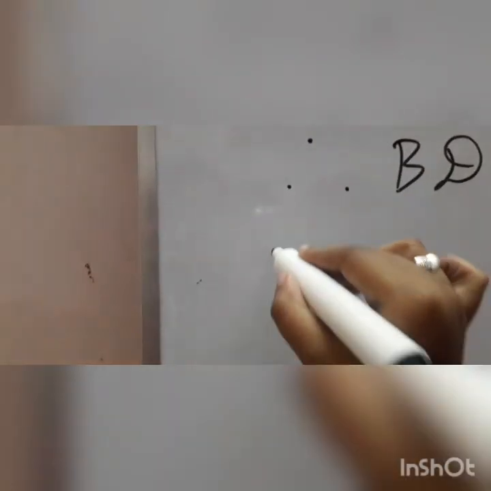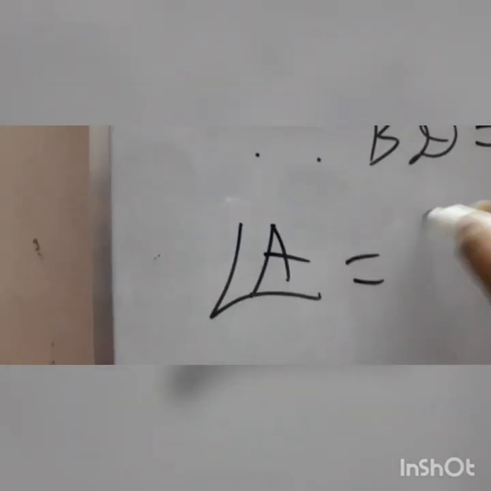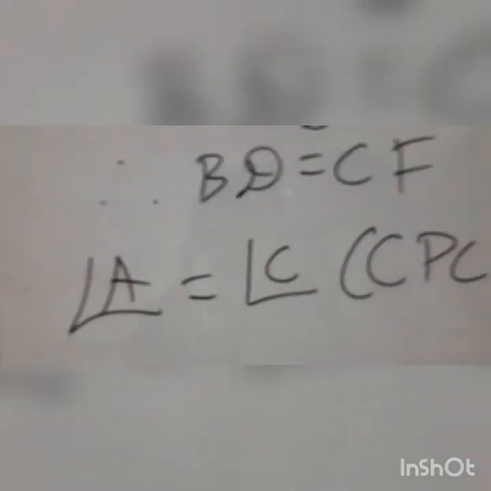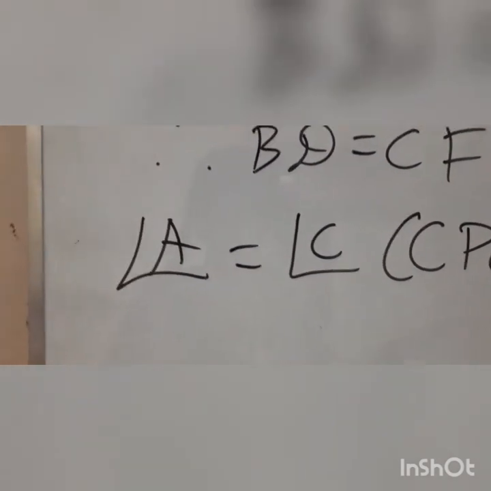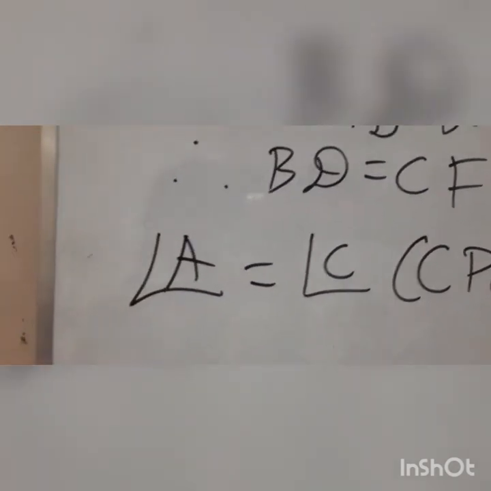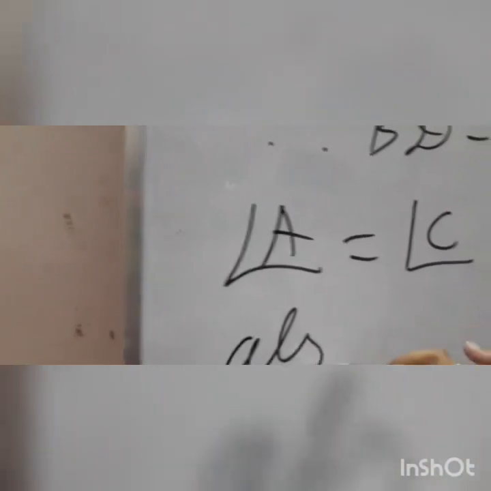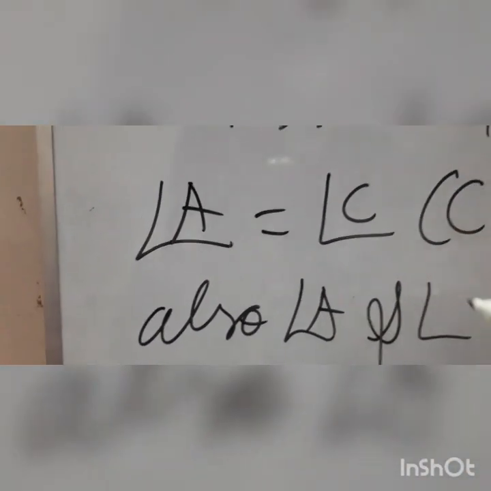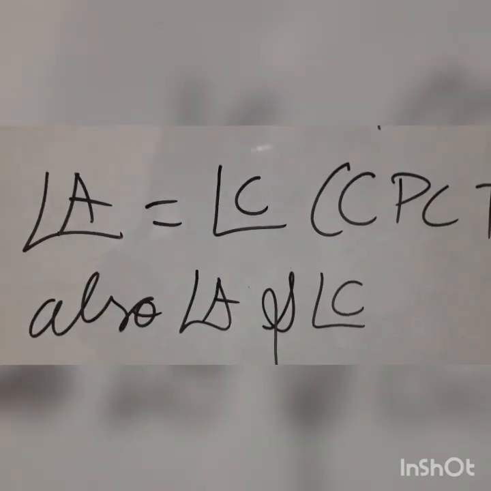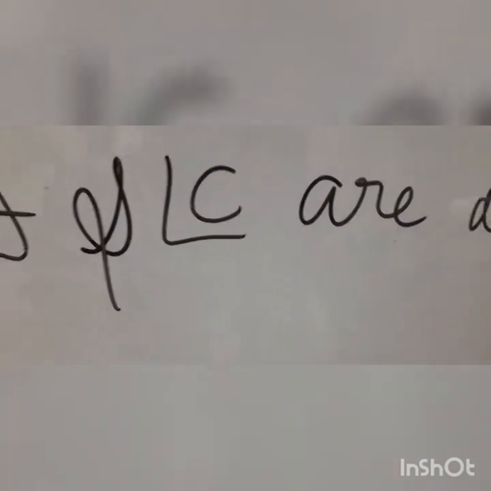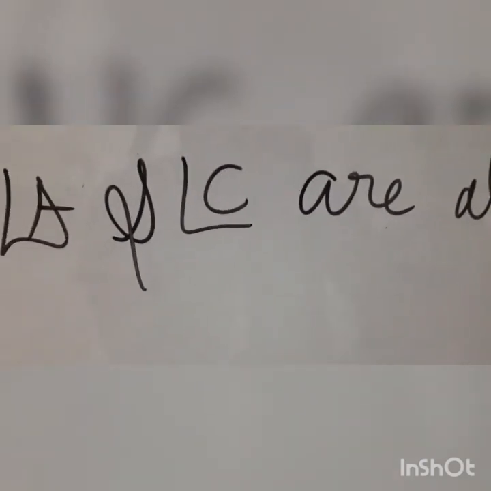So next, angle A is equal to angle C by CPCT, and also angle A and angle C are alternate interior angles.